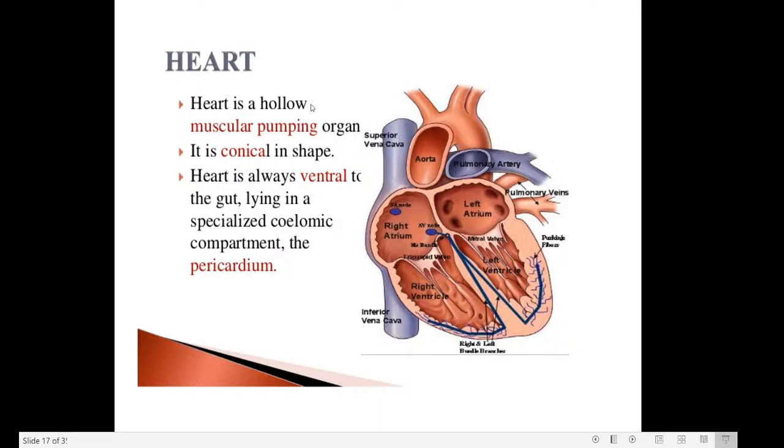These are the major things. The pulmonary veins are at the back side of the left atrium, and the top of the heart has the aorta.